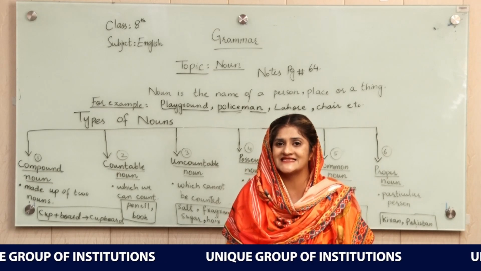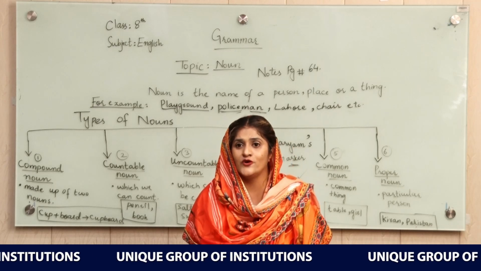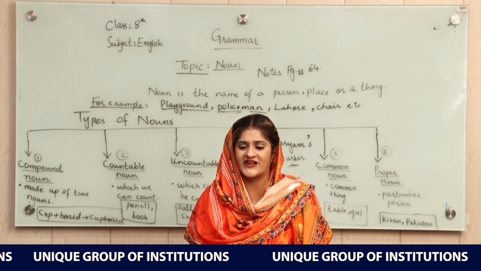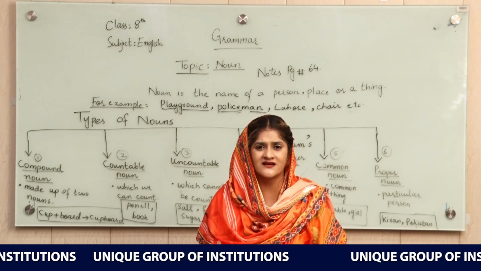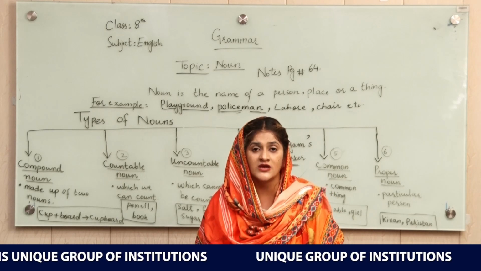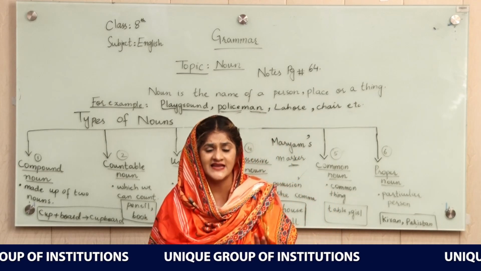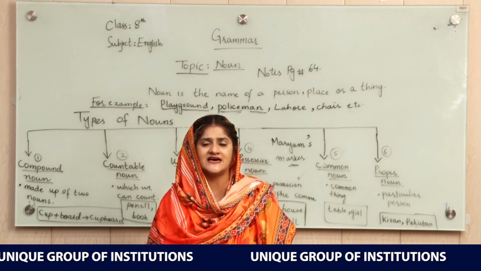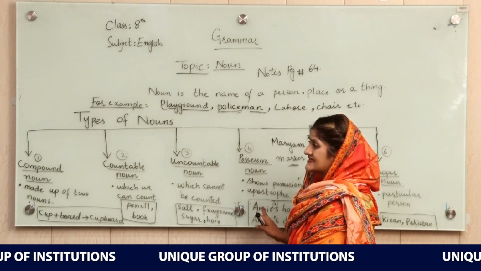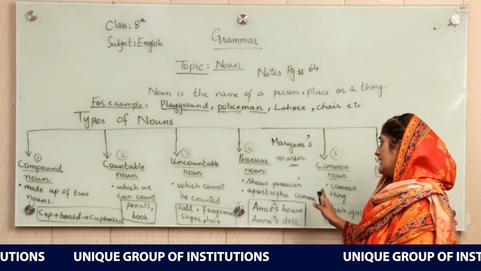All of these things are common. If you are placing them in the category of table, chair, sister, brother, boy, girl, these are common nouns, because you are not telling us their names, you are just telling us their simple category. It will come in the common noun.